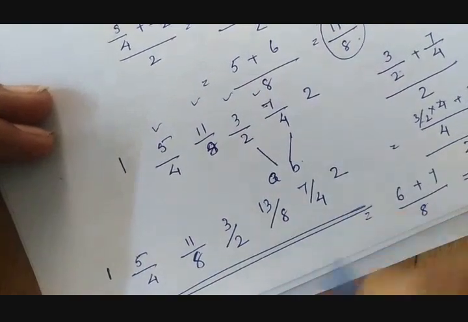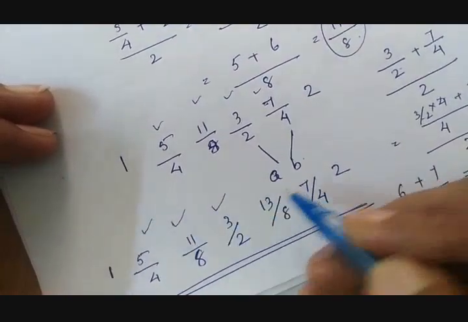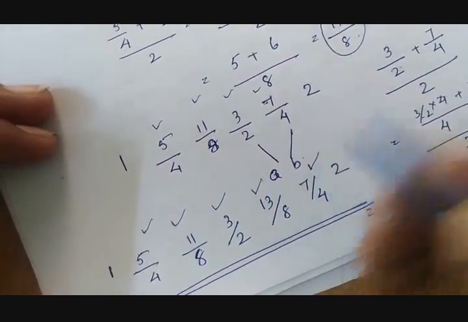These are the 5 rational numbers: 5 by 4, 11 by 8, 3 by 2, 13 by 8, 7 by 4.